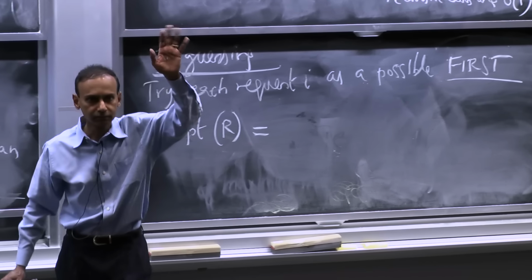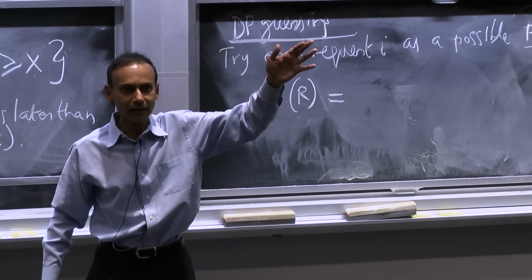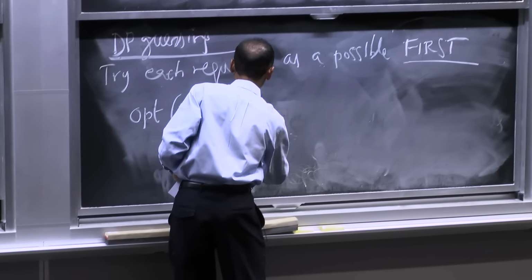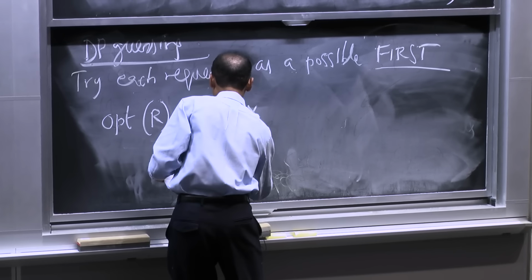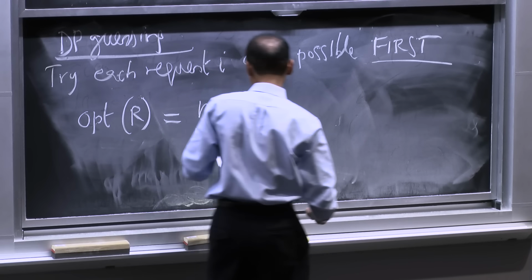Max. Who said Max? No one wants to take credit for Max? It's Max, right? So I'm going to have Max, 1 less than or equal to I less than or equal to n.